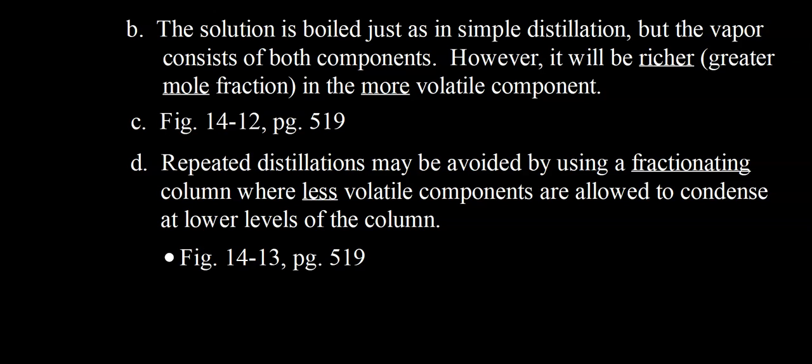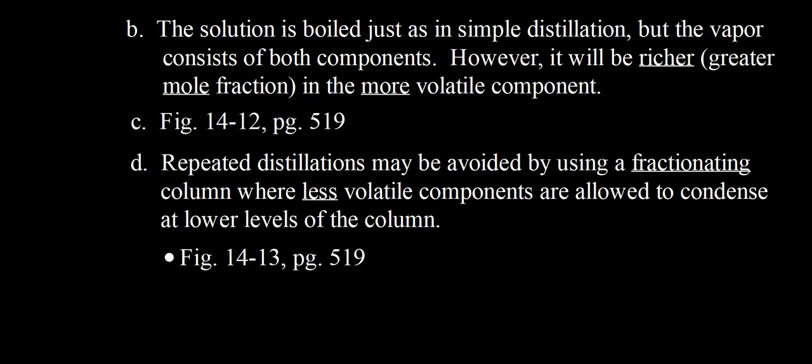However, the vapor will be richer, meaning a greater concentration or greater mole fraction, in the more volatile component. So more volatile means more easily or readily evaporated. So when you heat up that mixture, that substance that evaporates more easily is going to be present in a higher concentration, higher quantity in the vapor.